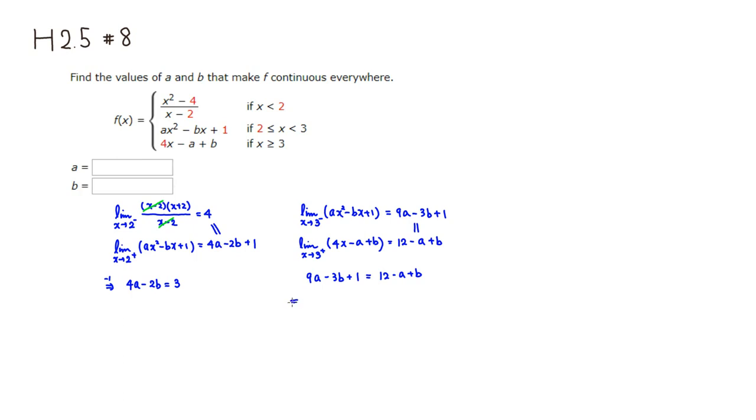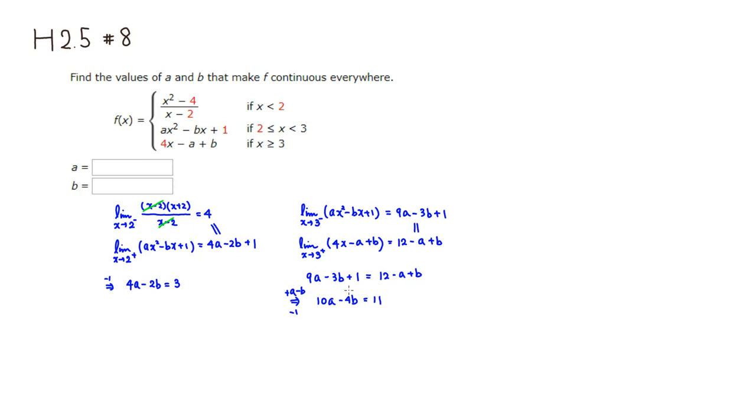So I add a and subtract b, then subtract 1. Adding a, you have 10a, and subtracting b, you have negative 4b, equal to 12 minus 1, so it's 11.